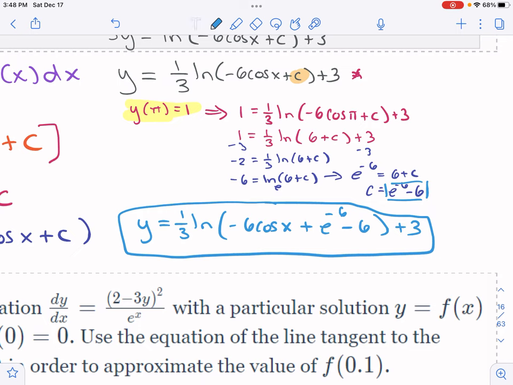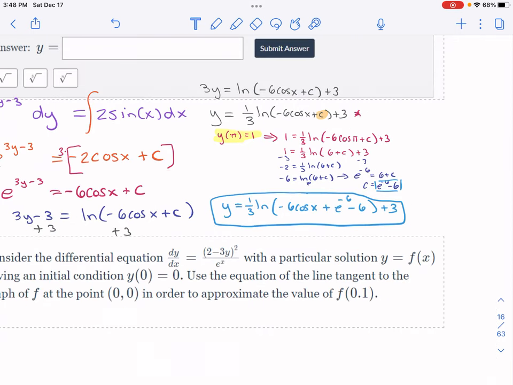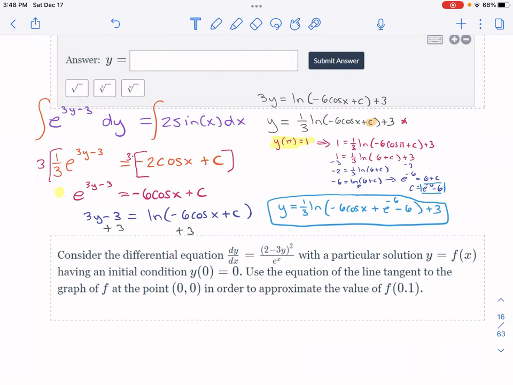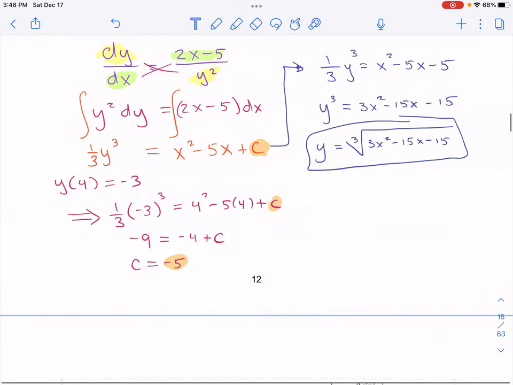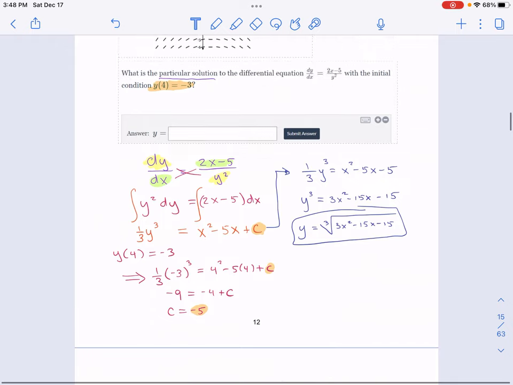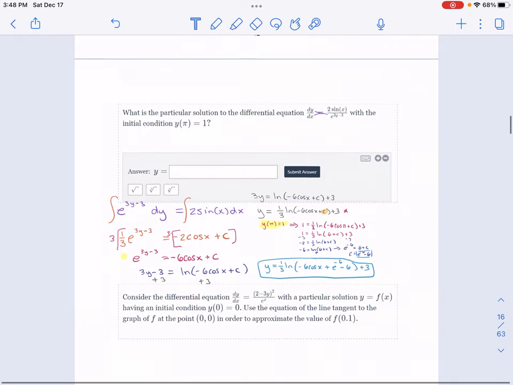And there is my particular solution. All right, so that had some technique involved. This one a little more manageable, but there are two examples of solving differential equations.